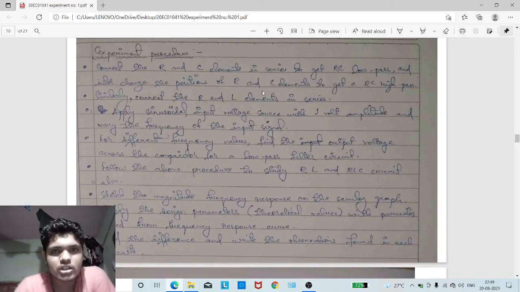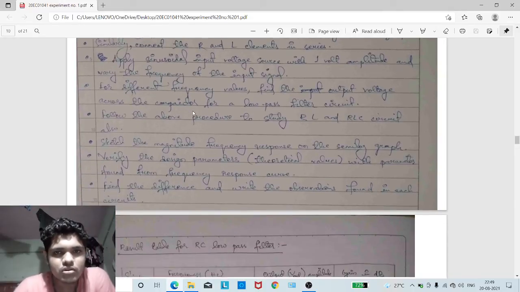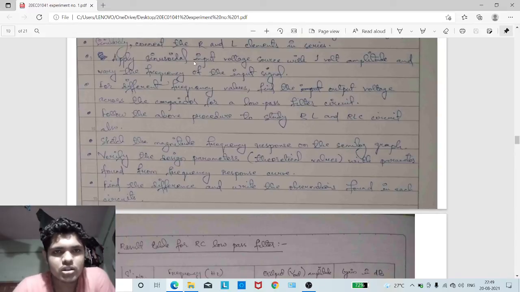We'll connect the RC elements in series for the RC low pass, like in the diagram we have shown. After that we will apply a sinusoidal input voltage, I mean the AC voltage of 1 volt amplitude, and vary the frequency of the input signal.